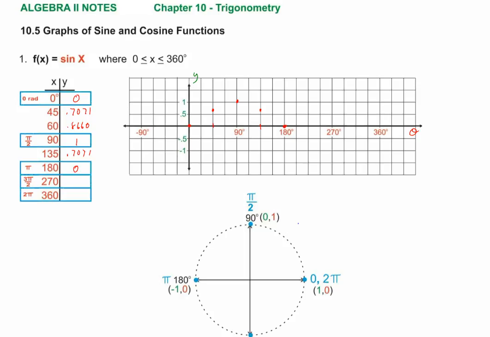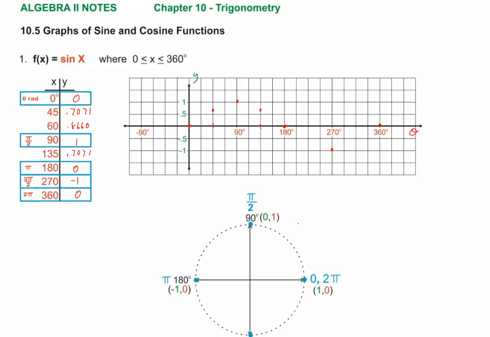So sine of 270 is -1. So go down to 270 and put a dot at -1. And then finally the sine of 360 is 0, and you're back up to 0. All right, so the main points are the points in the blue boxes.